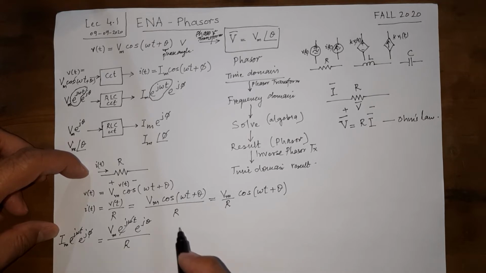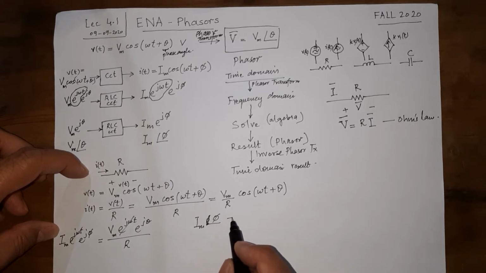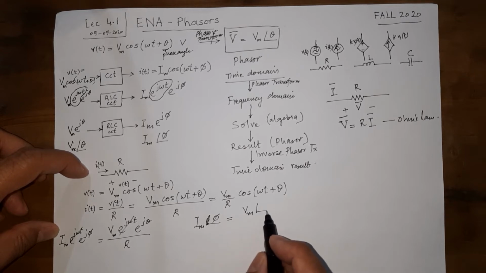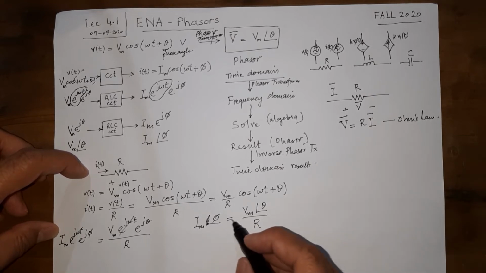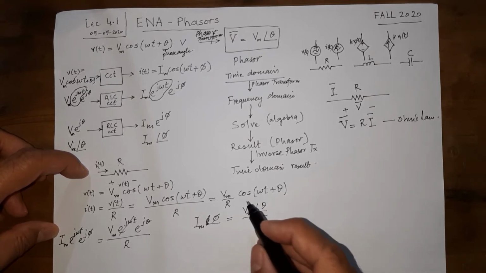What we will be left with, using the polar notation, is Im angle phi equal to Vm angle theta over R. This is exactly what we are trying to say: the phasor current is equal to the phasor voltage over R for a resistor.